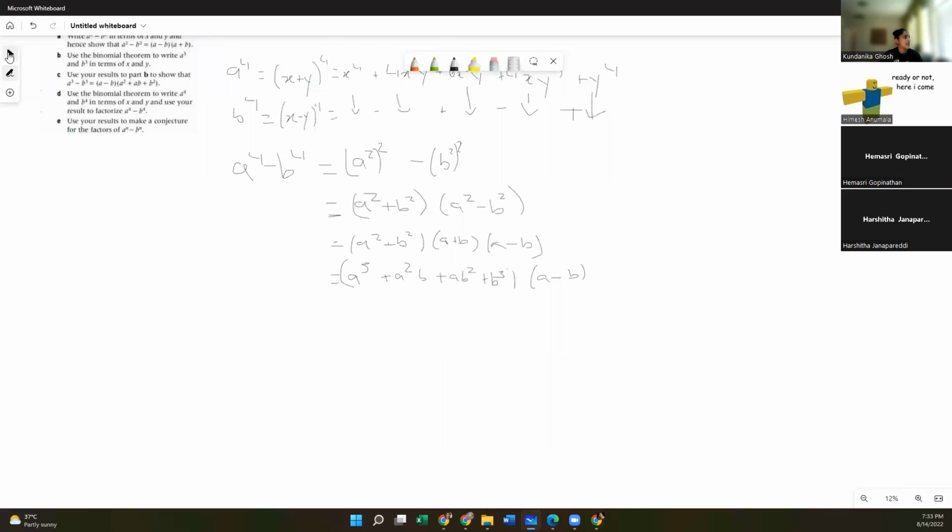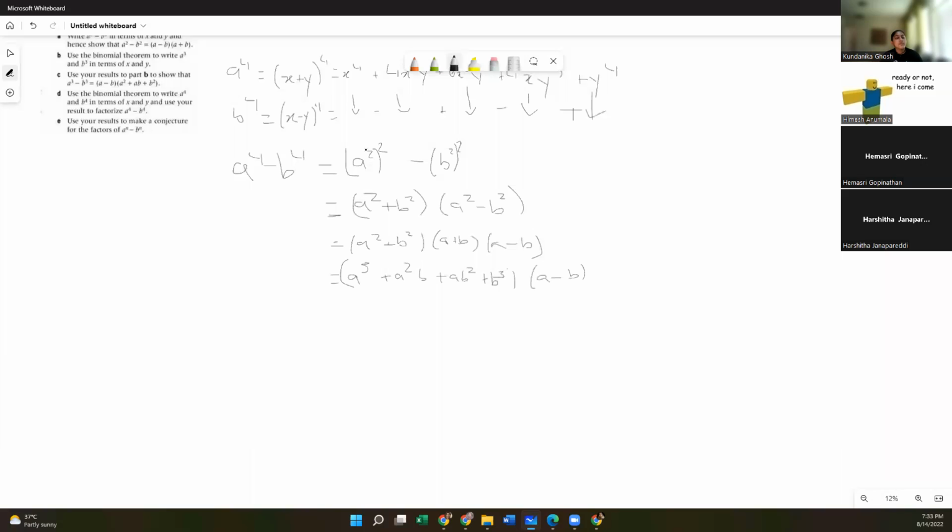Okay, for letter E, everyone understands D, right? If not, we can go back over whatever you need. Wait, how did you get a squared plus b squared? Okay. So remember, a squared minus b squared equals a plus b into a minus b.